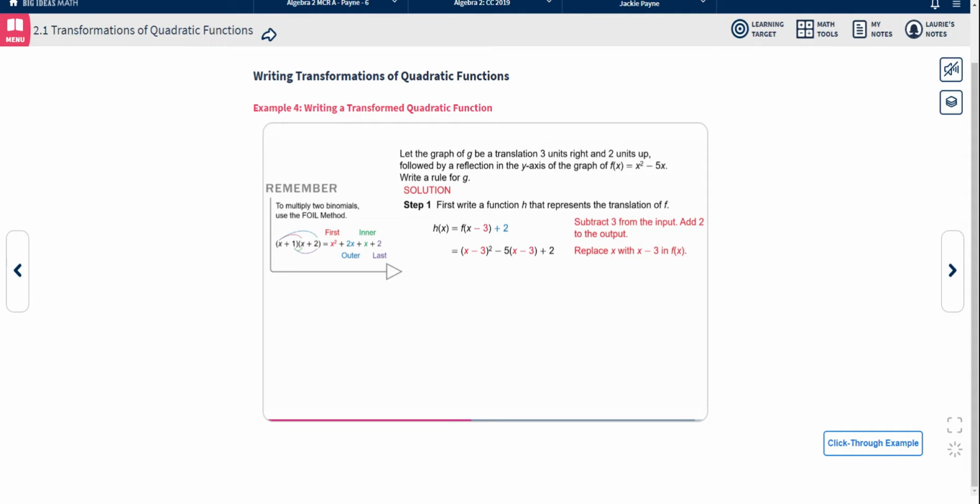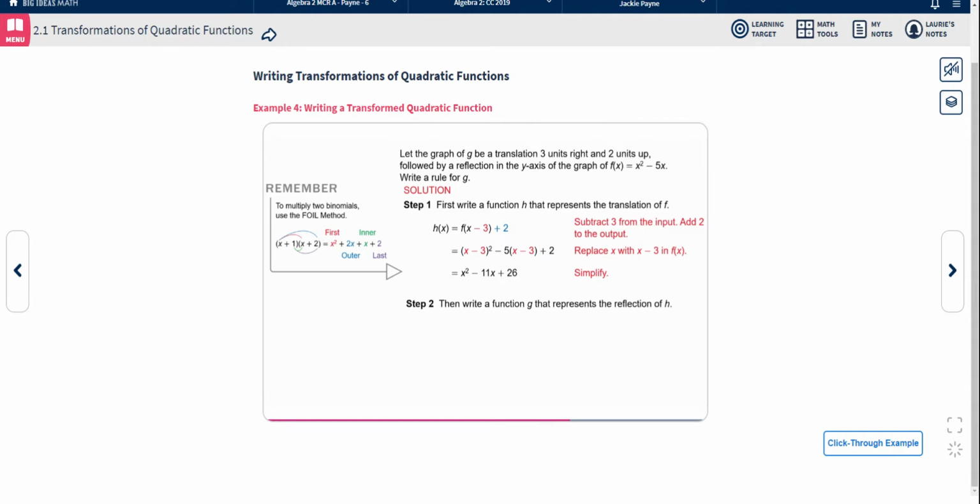For example, binomial x plus 1 times binomial x plus 2 is equal to x squared plus 2x plus x plus 2, which respectively are the products of first, outer, inner, and last terms. Returning to step 1, simplify to get x squared minus 11x plus 26.